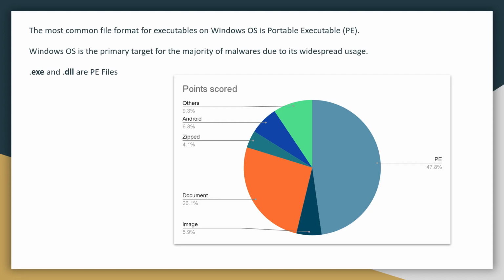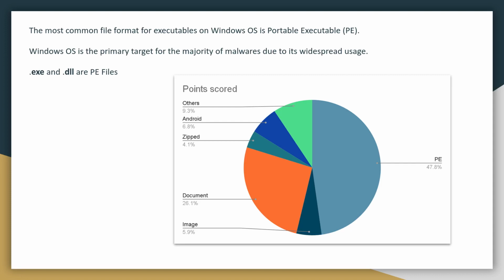And you can see over here in the malware breakdown that almost 50% of the malicious files are going to be portable executables, so therefore .exe or .dlls. 6.8 is going to be Android. 4.1 are zipped files. 26.1 are documents, like Word documents.